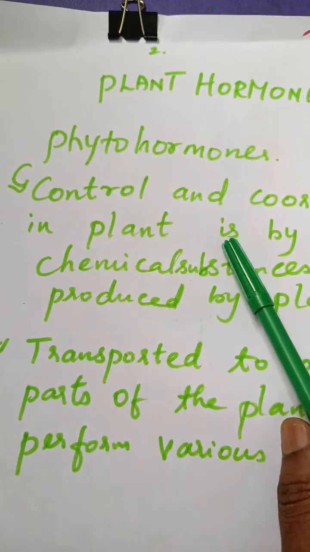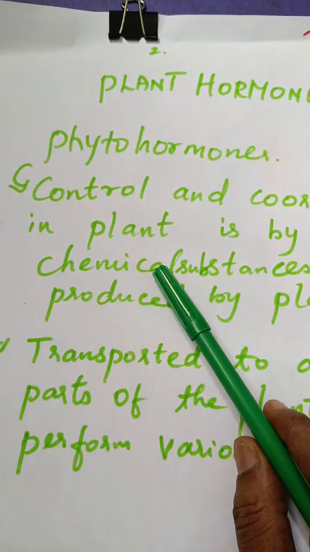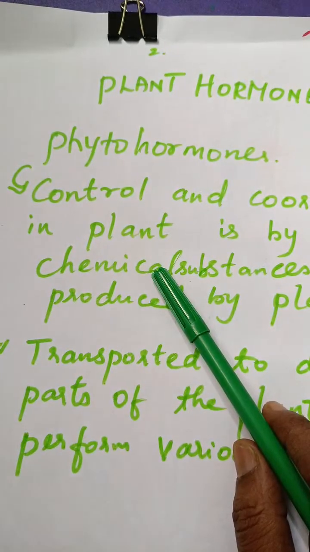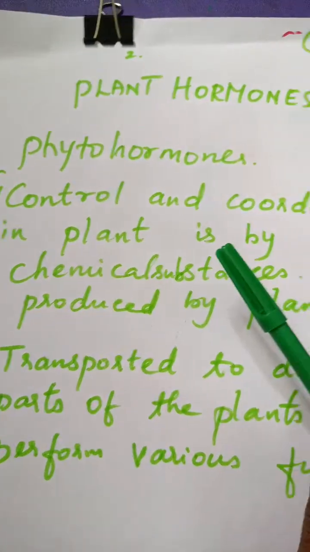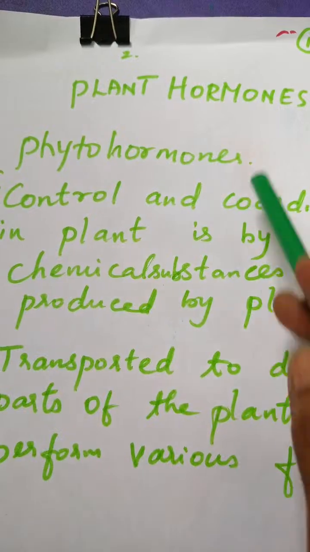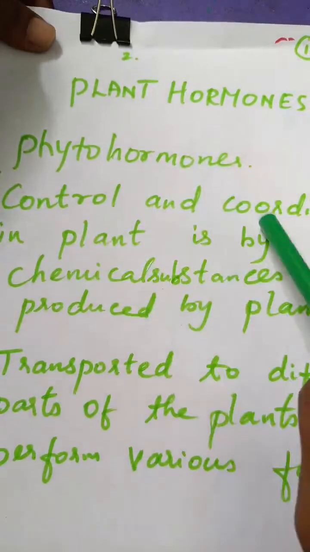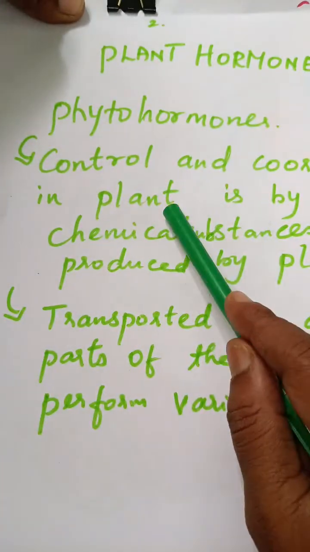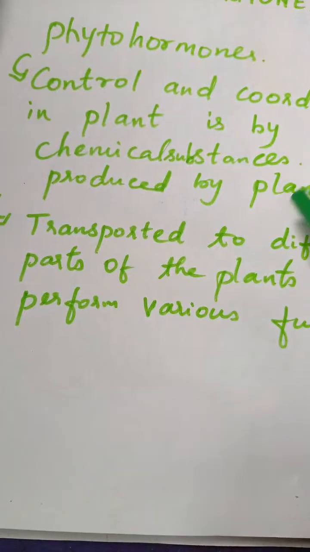Similarly, in plants also these endocrine glands are there. They produce chemical substances, which can also be called chemical messengers. They are nothing but the hormones, phytohormones, and they do control and coordination in the plants. They are produced by the plants themselves.